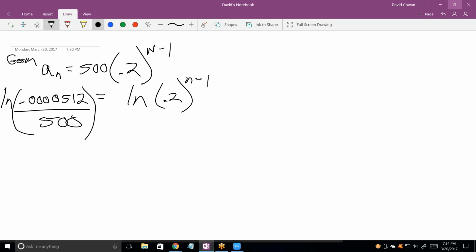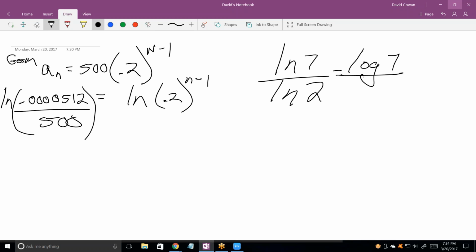I could also do common log. I could also do log base 0.2. But all of those ratios end up being the same. In other words, let's just talk about that for a second. The natural log of 7 divided by the natural log of 2, this is just totally made up numbers. These ratios are exactly the same.